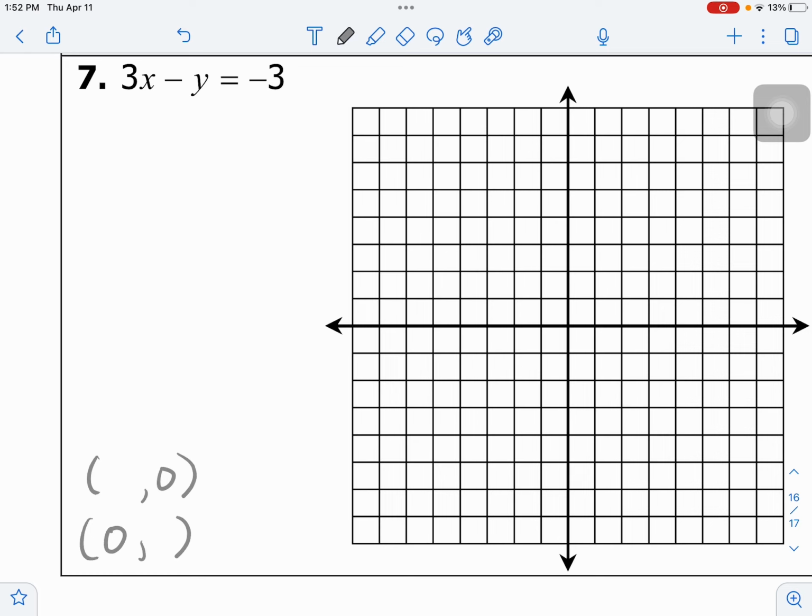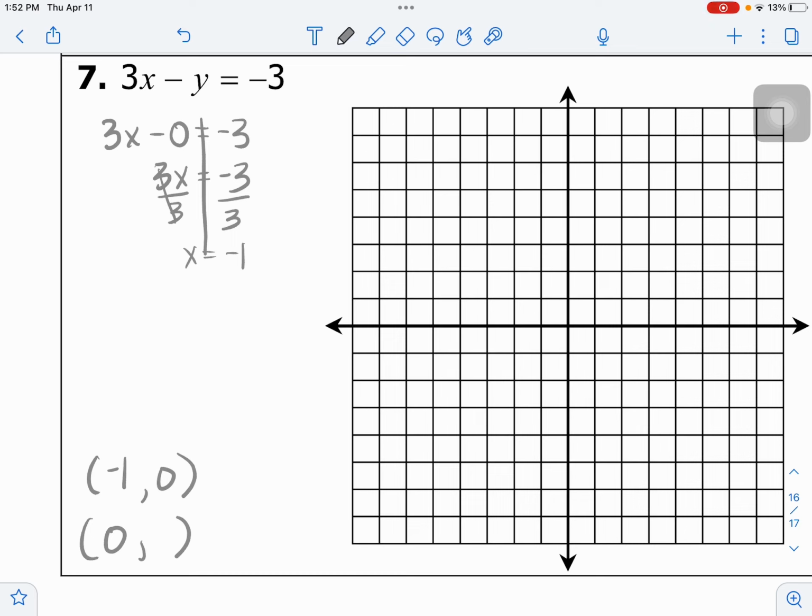I'm going to change my y to a 0, which is really just 3x equals -3. Divide each side by 3. That makes my x value -1.